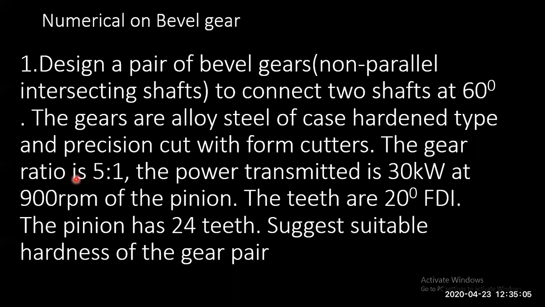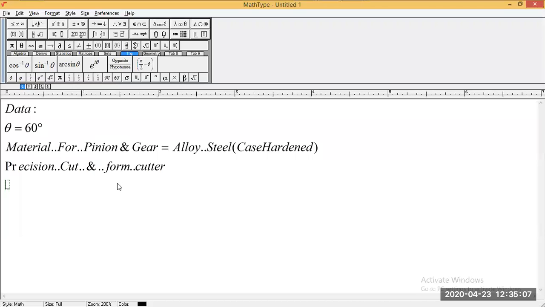Then the gear ratio is 5:1, means it is N1. Gear ratio means N1 over N2. Okay, so this is N1 over N2.